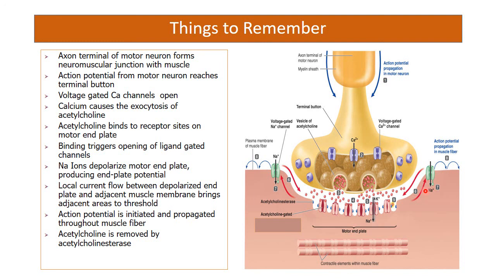Now the action potential is initiated. Here you can see at number 8, the action potential is initiated and propagated throughout the muscle fiber. In the end, acetylcholine is removed within a millisecond, most of it by the acetylcholine esterase enzyme.